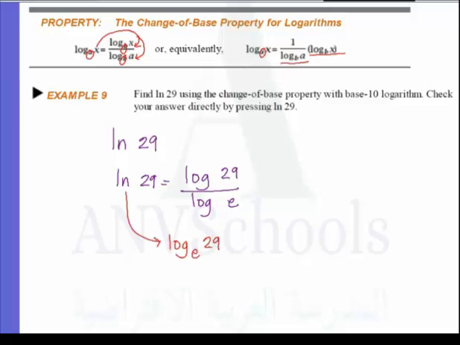In other words, our natural logarithm of 29, when expressed into base e, will have this expression log to the base e of 29. And when we change it to the common logarithm with base 10, this will give us log base 10 of 29 over log base 10 of e. And in this case, we don't need to show the 10 because it's a common logarithm.